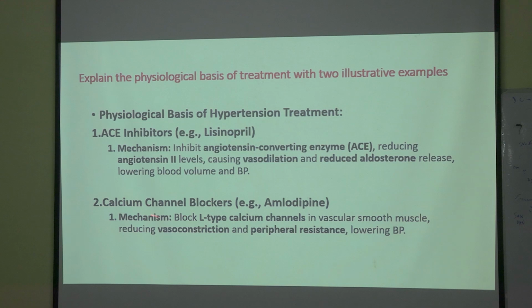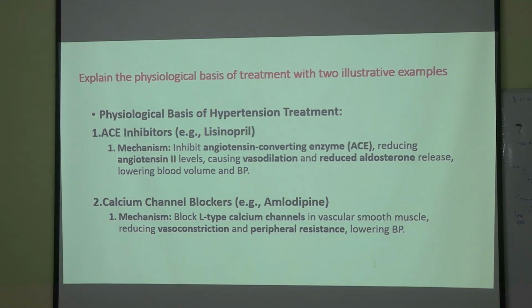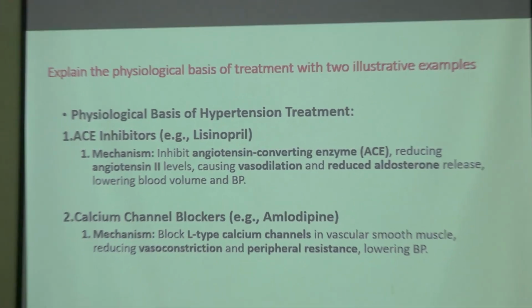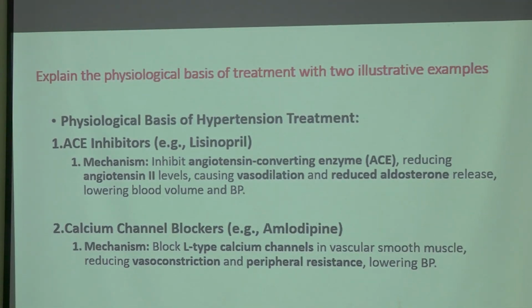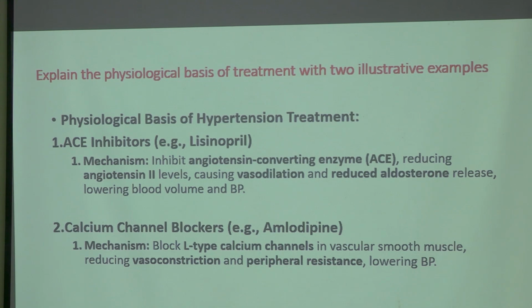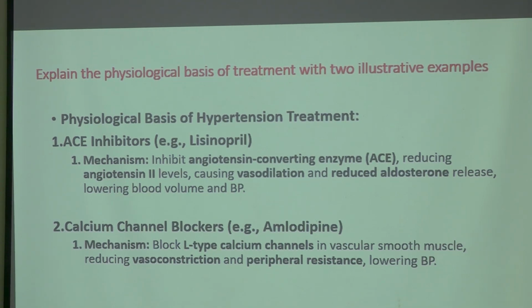But if you use these calcium channel blockers, it reduces the vasoconstriction as well as the peripheral resistance. Both the reduction of vasoconstriction and peripheral resistance are helpful to maintain normal blood pressure in the subject, right? So these are some important facts related to this first case.